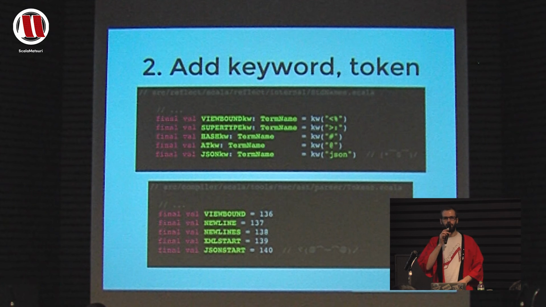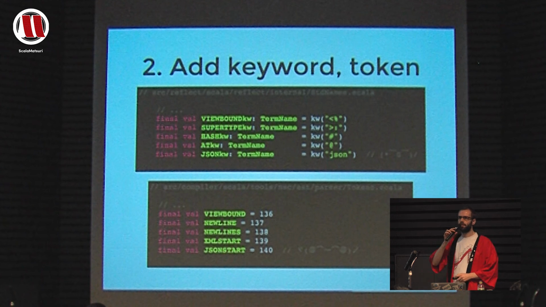So if you've ever used the word JSON in your Scala code ever, I just broke that, so sorry. I also added a new token into the parser. And not shown here, I added a line that said, if you see the JSON keyword, then output the JSON token.